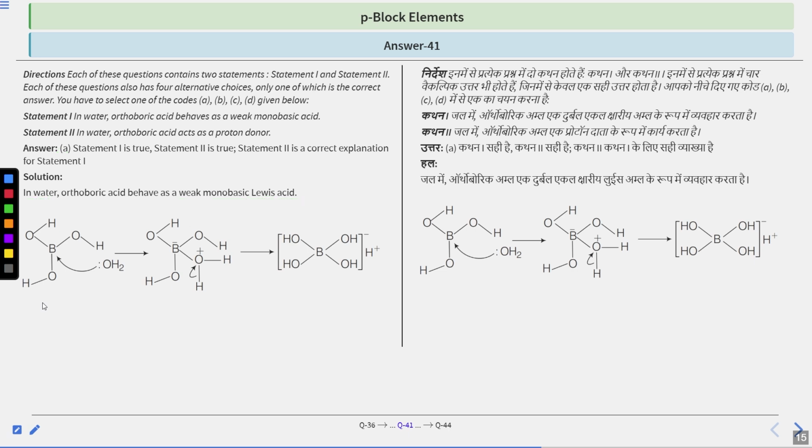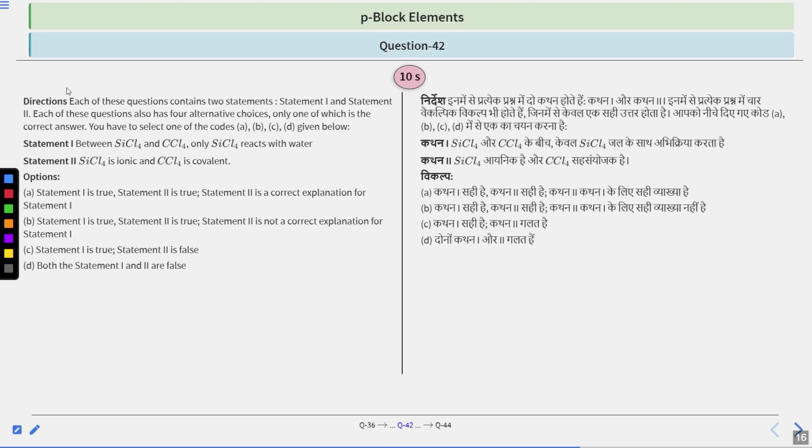Okay, let's move on to the next question. Question number 42. Statement 1: between SiCl4 and CCl4 only SiCl4 reacts with water. Statement 2: SiCl4 is ionic and CCl4 is covalent.